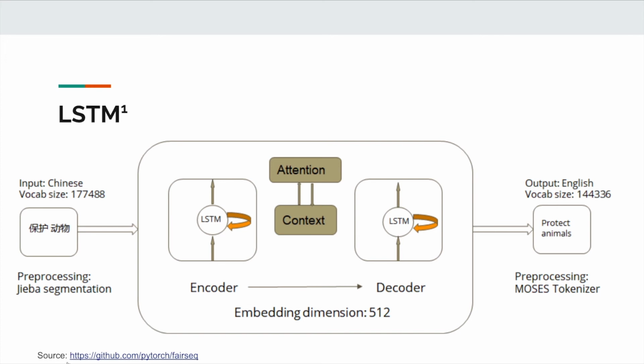So for the whole training dataset, Chinese input has over 170K in vocab size after Jieba segmentation, and English target also has a large vocab size, but only 5,000 tokens from the input and output will be kept due to computing power limitation, and the embedding size is 512.